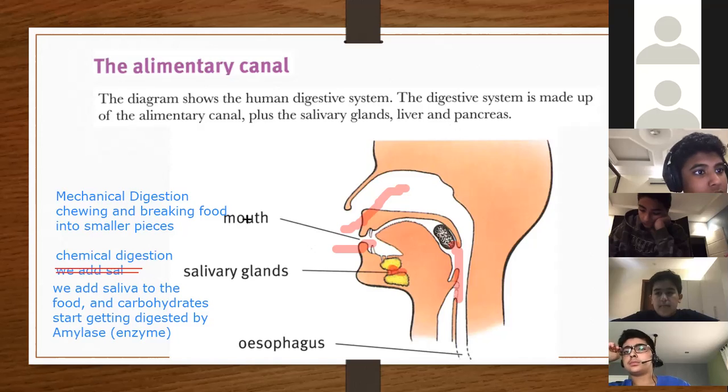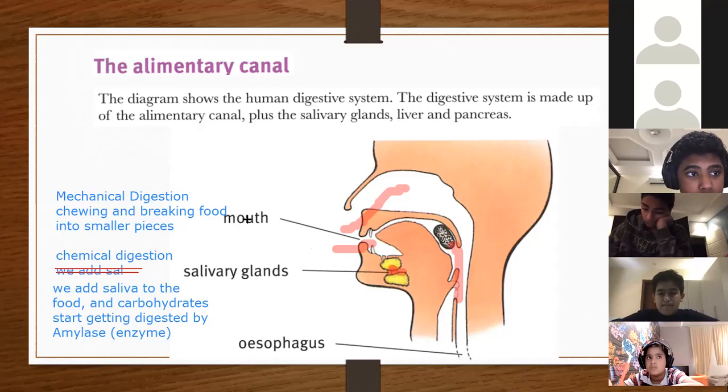Khalid, yes, you have a question? Yes, Mister. What is the word at the end of passage number 2? Amylase. Yes. What is amylase? That is an enzyme which has the ability to make the chemical reaction go faster. Enzymes are catalysts. In chemistry, you might learn about catalysts.